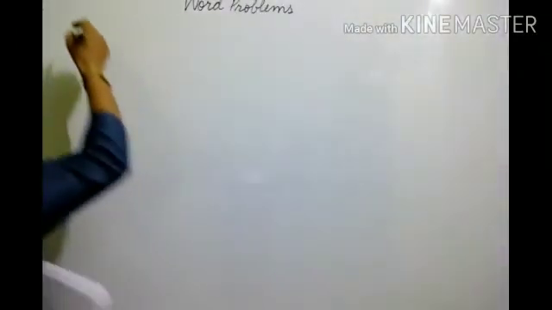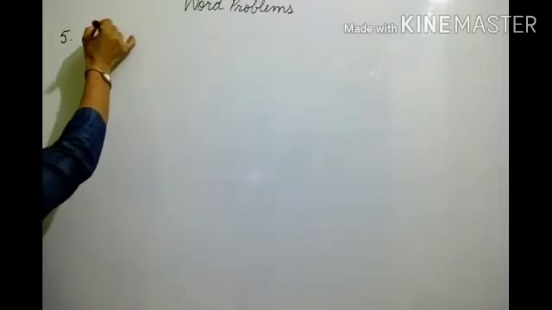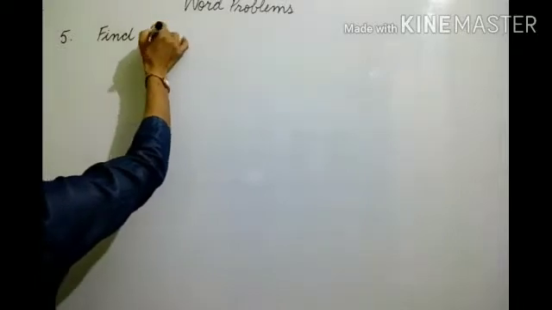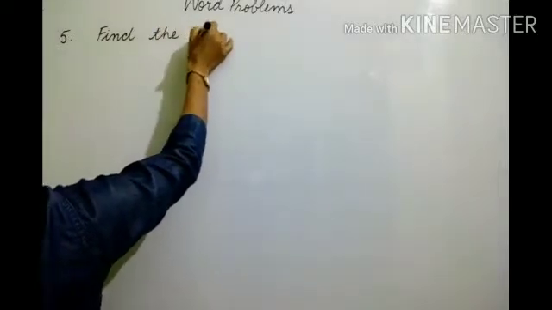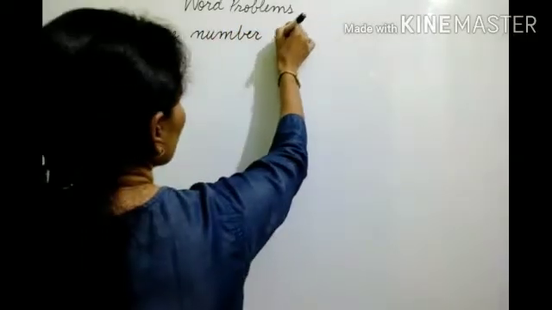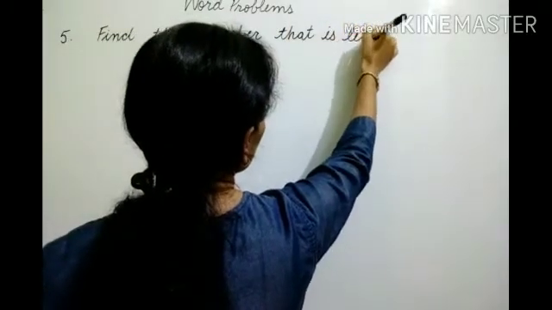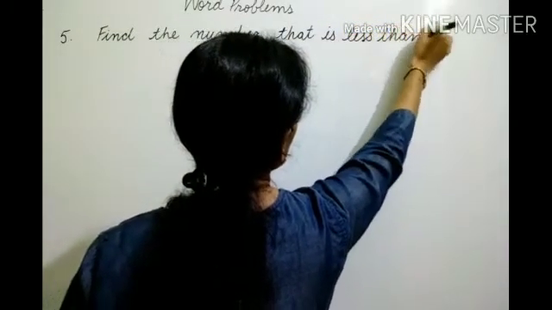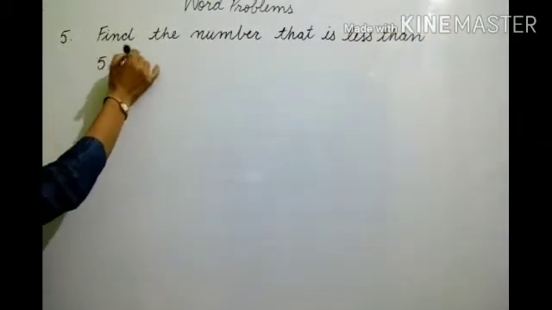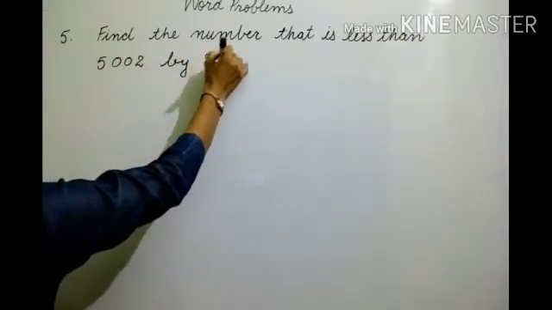Question number 5. First we see the statement. Find the number that is less than 8904 by 5002.